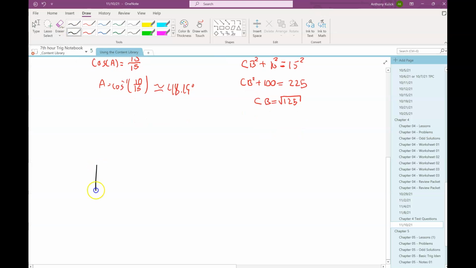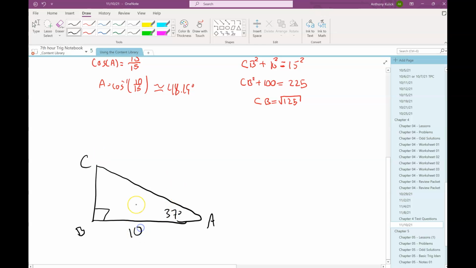The other way you could ask this question would be if I give you an angle measure and a side length instead of giving you two side lengths. Still looking for three things, right?